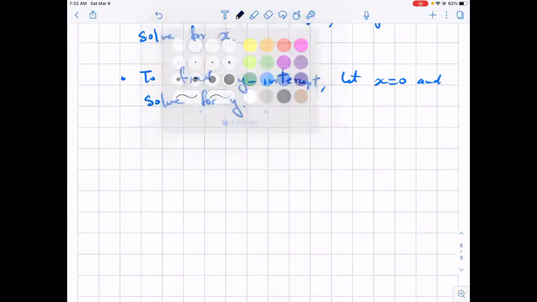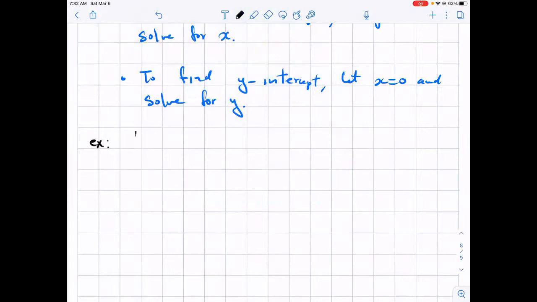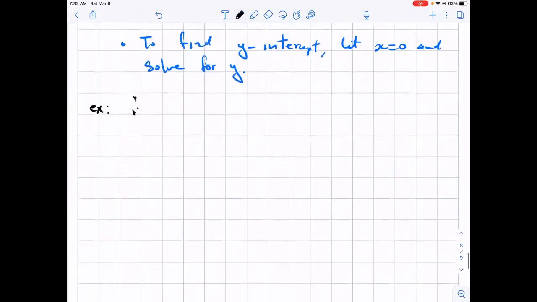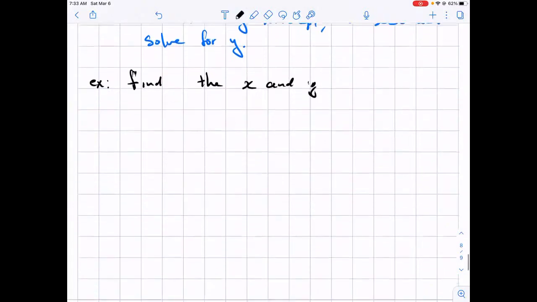Okay. So example, find the x and y intercepts of the graph of, let's say, y equals x cubed minus 4x.